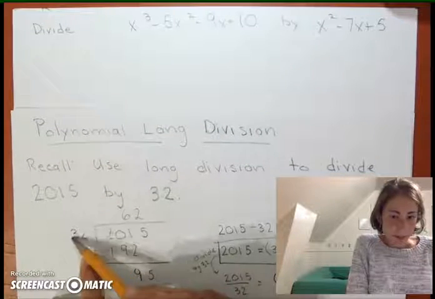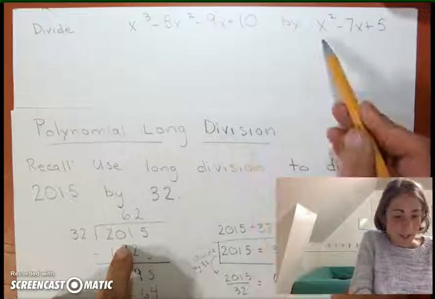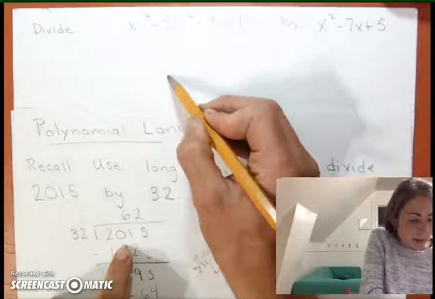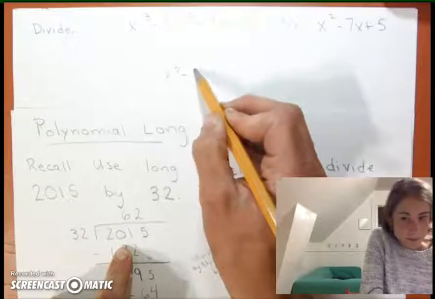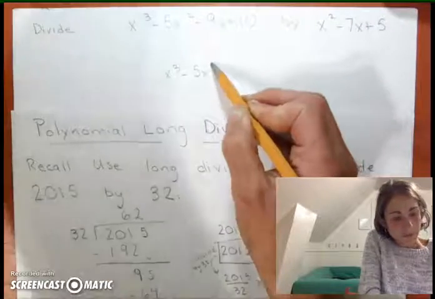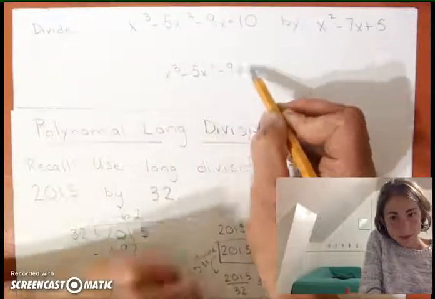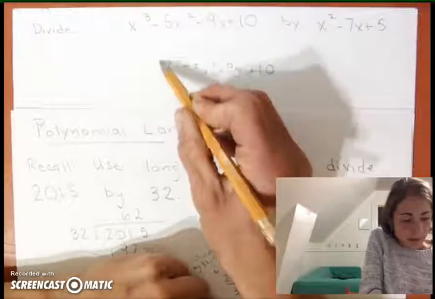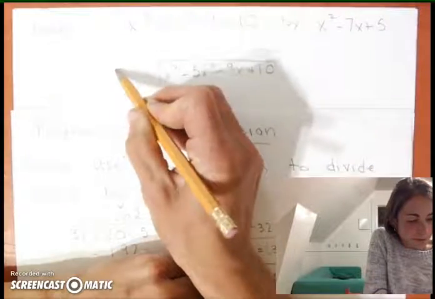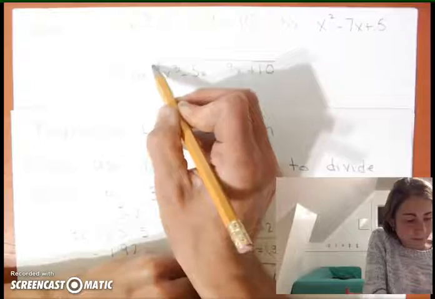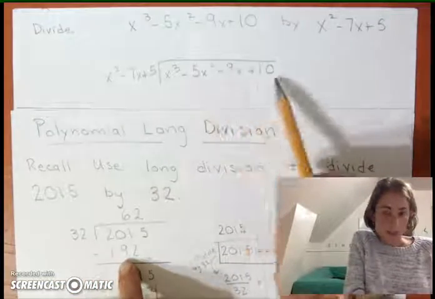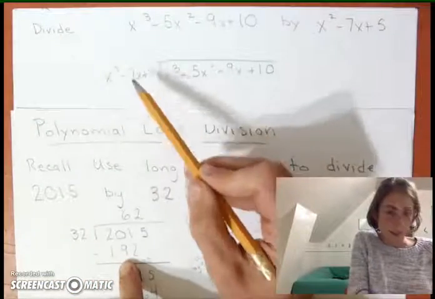So here we wrote 32 into 2015. Now I want to divide this big polynomial by another polynomial. So this is like the 2015, this is like the 32.